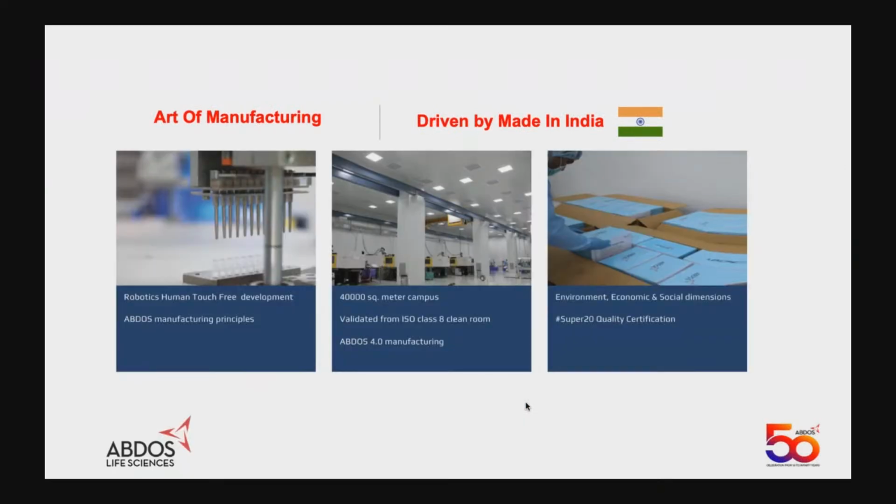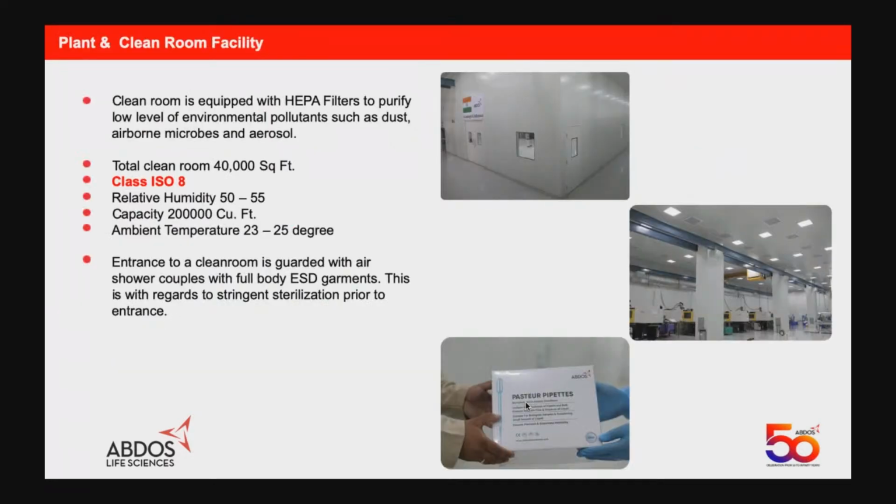We have state-of-the-art manufacturing made in India itself, spread across a 40,000 square meter campus, and validated with an ISO Class 8 clean room. These are certain pictures of our plant and clean room facility, which has been validated with ISO 8. You can see all the pictorial representation.